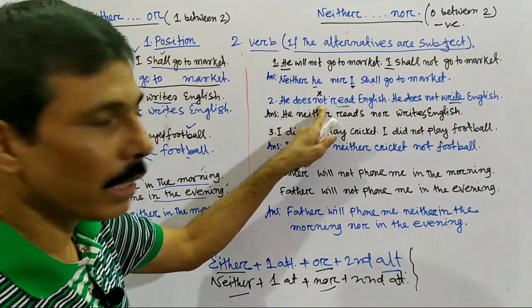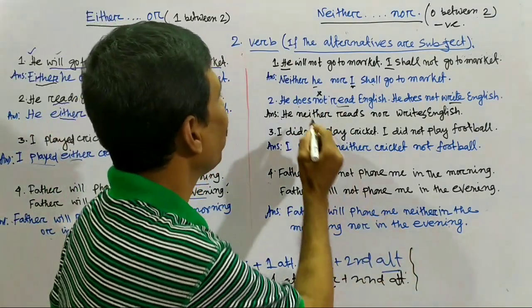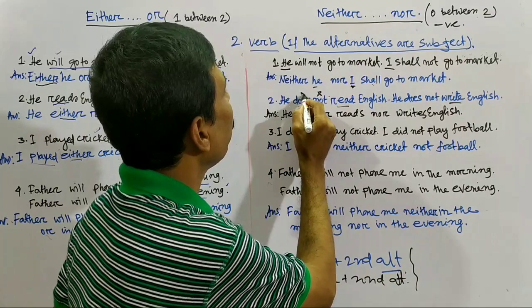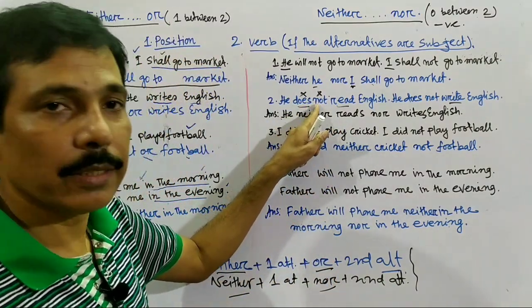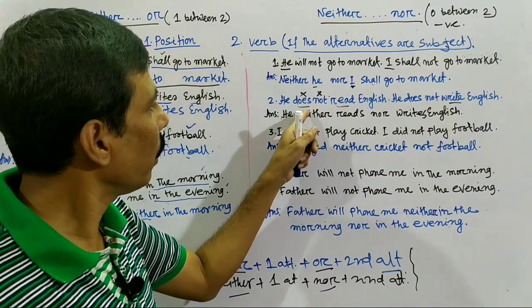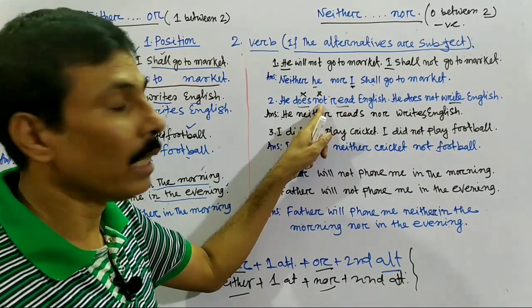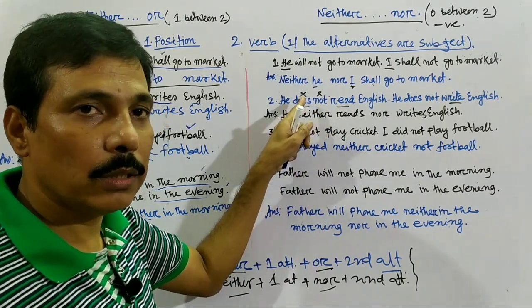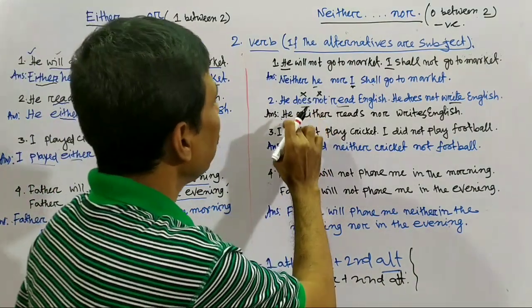As not will not be there, there is no question of does also, because do, does, did come only for the use of not. If not is there, there will be do, does or did. So, he neither.